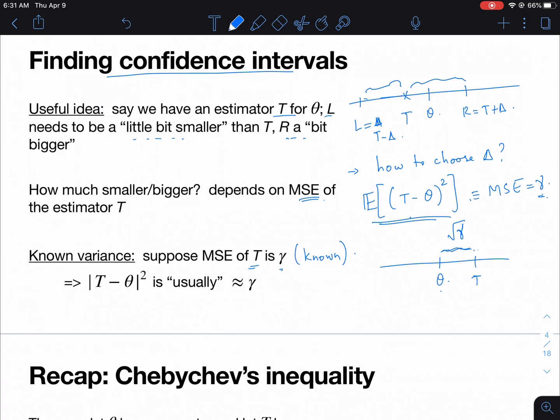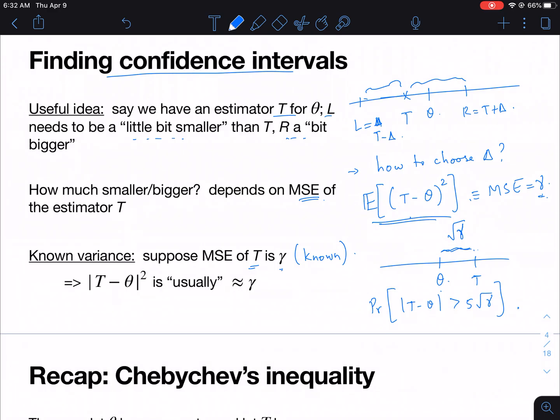Now the question we asked last time is: if on average this quantity is square root gamma, what is the probability that |t minus theta| is more than, let's say, 5 root gamma? If a quantity is 1 on average, intuitively you expect the probability of it being 5 or above to be small, because most of the time it's close to 1, and sometimes it's quite large.